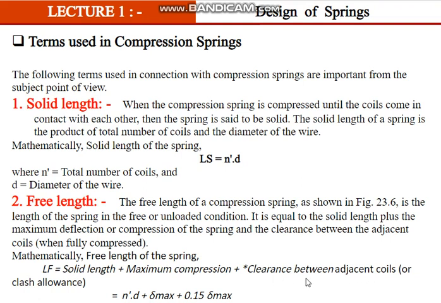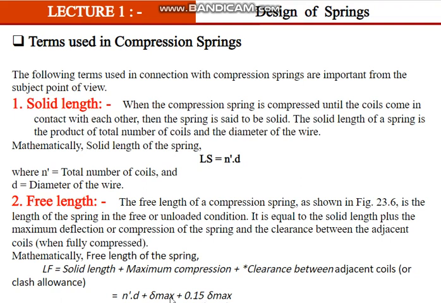After pressing, without the full load, what is remaining is called the clearance between the adjacent coils. So in the free length formula, the solid length is n dash d, the maximum compression is delta maximum, and the clearance between the adjacent coils is 0.15 times delta maximum.